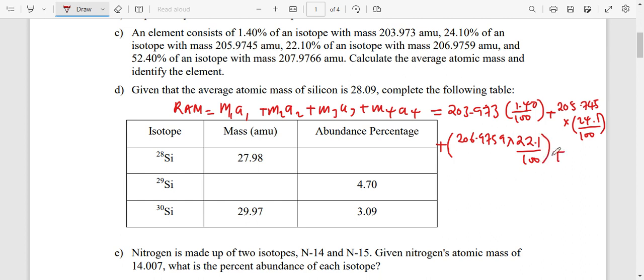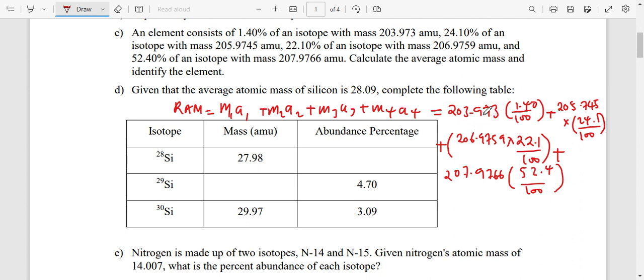And then plus also the next one, the mass is 207.9766, multiplied by the abundance, which is 52.4, also divided by 100. So this is what we are going to be able to work out.